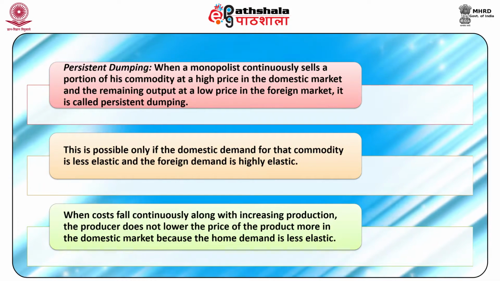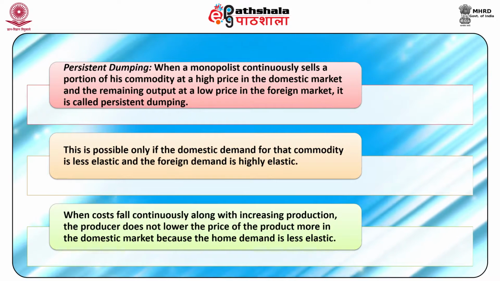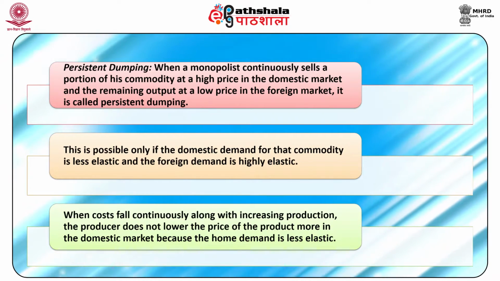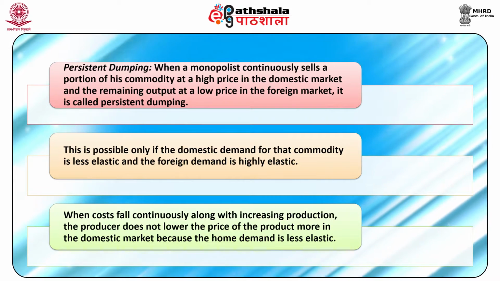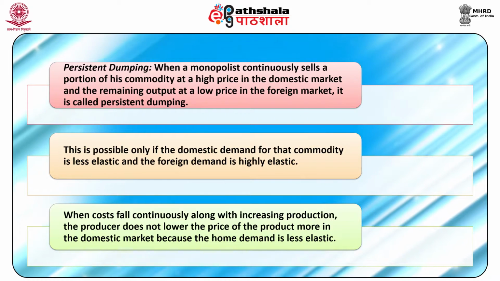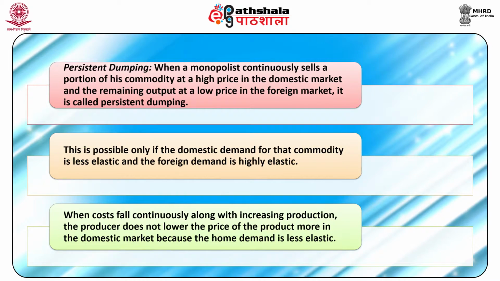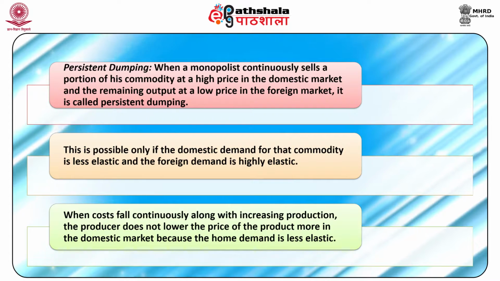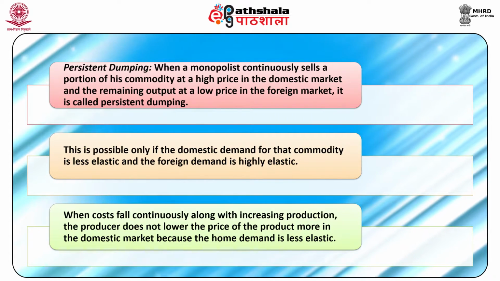This is possible only if the domestic demand for that commodity is less elastic and the foreign demand is highly elastic. When costs fall continuously along with an increase in production, the producer does not lower the price of the product more in the domestic market because the demand in the home market is less elastic.